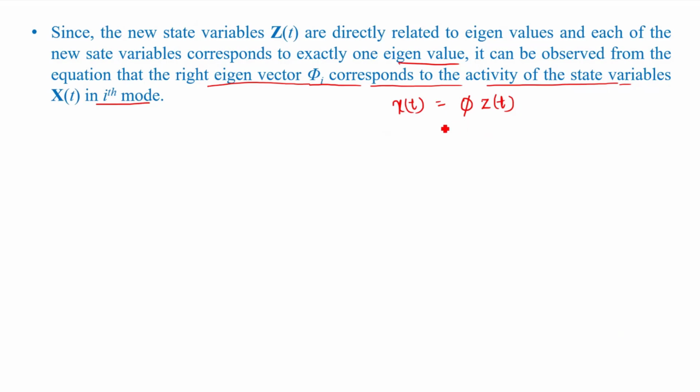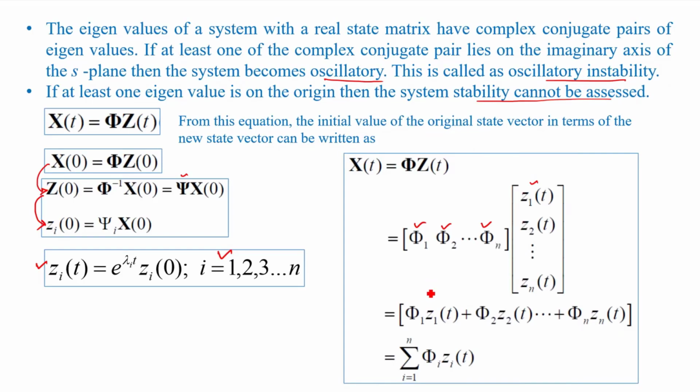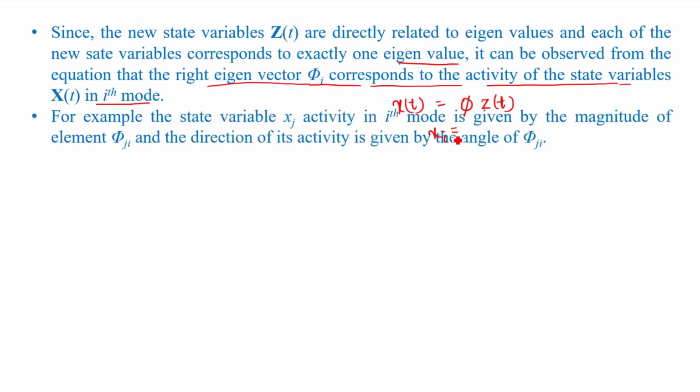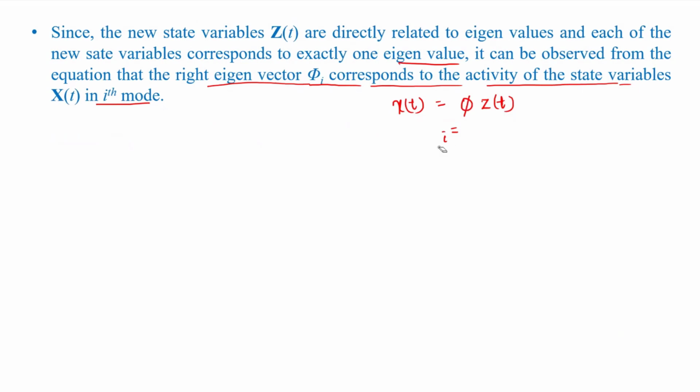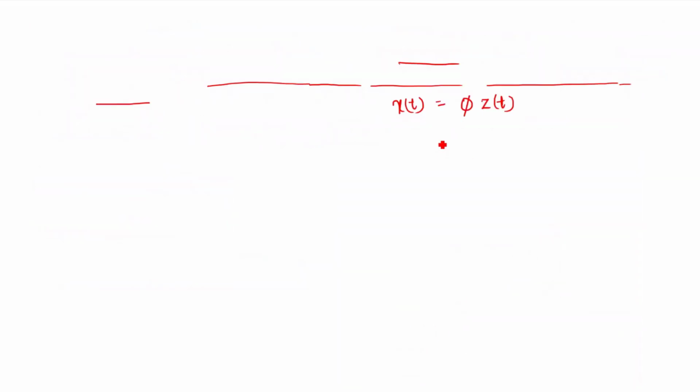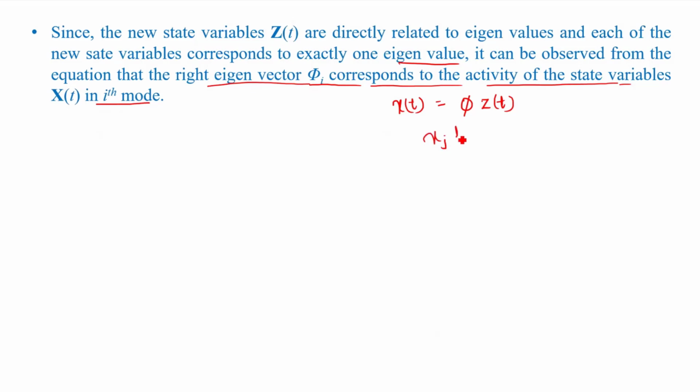If we expand this and write one of the elements, x_j(t), it will be the sum over i from 1 to n of phi_ji z_i(t).